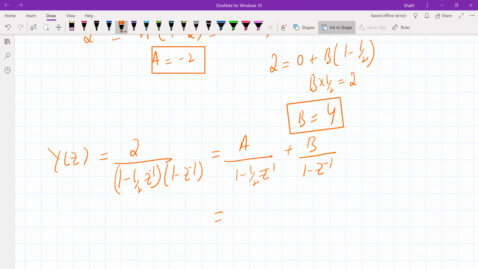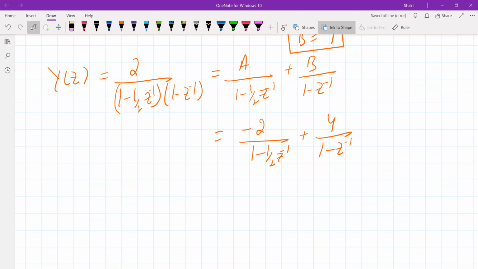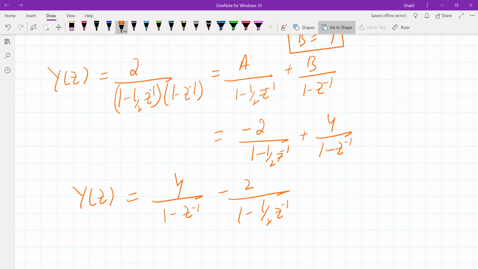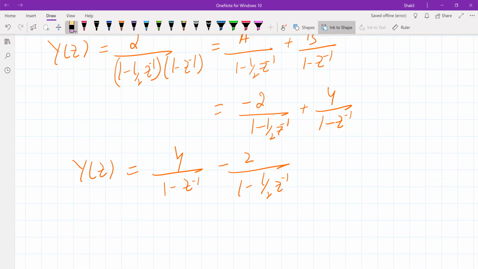Substituting the values of A and B, this is minus 2 divided by (1 minus 1/2 z inverse) plus 4 divided by (1 minus z inverse). Please check the values of A and B again.